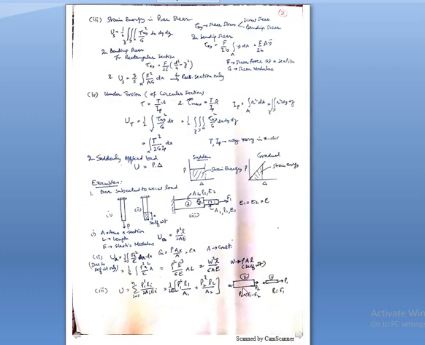Now similarly, the third case is strain energy due to shear. The shear will be pure shear or shear due to bending. In any case, suppose we are taking dx dy, tau xy is the shear stress, for example, only one stress, we can replace this sigma x by tau xy over the volume.